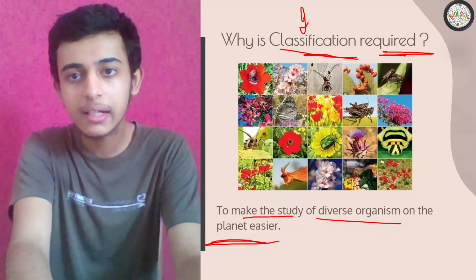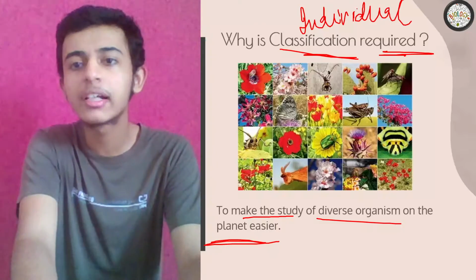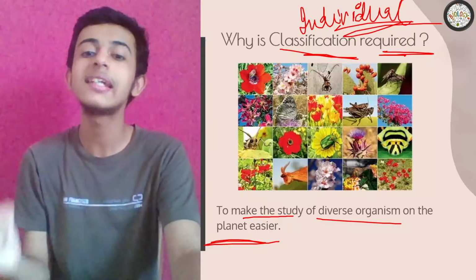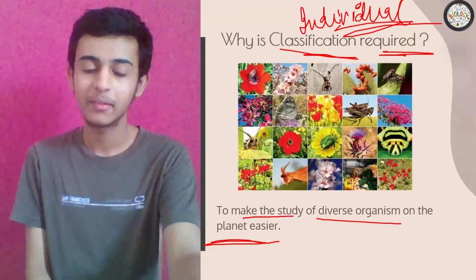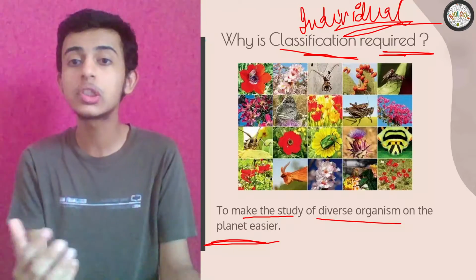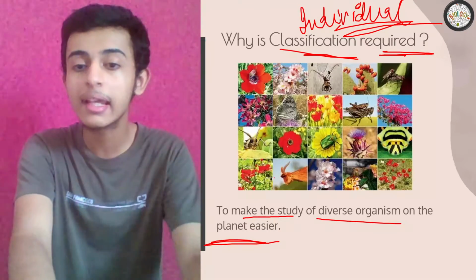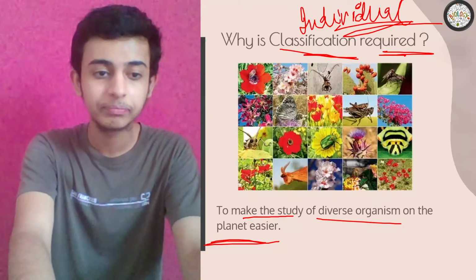Otherwise, if we study the organisms individually, then it will be very difficult for us to actually make out what features that organism possesses, what are the different structural features, or their anatomy, isn't it?